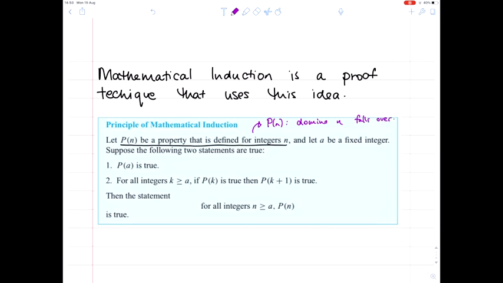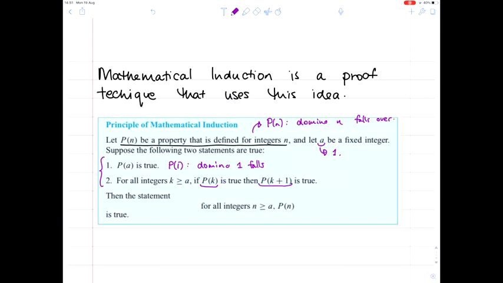And we're going to let a be a fixed integer. In our example, this was going to be 1. And then we suppose that the following two statements are true. In our case, P(a), which was P(1), is that domino 1 falls. This is saying we know that we can knock over the first domino. And then the second thing is that if P(k) is true, then P(k+1) is true.